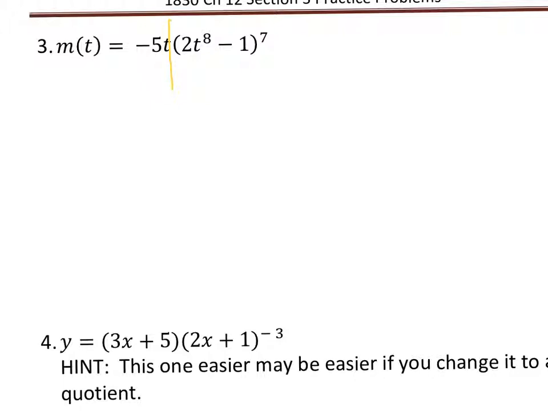Negative 5t, because it contains a variable, is actually the first factor. And 2t to the 8th minus 1, quantity raised to the 7th power, is actually your second factor. And that means we have a product rule.